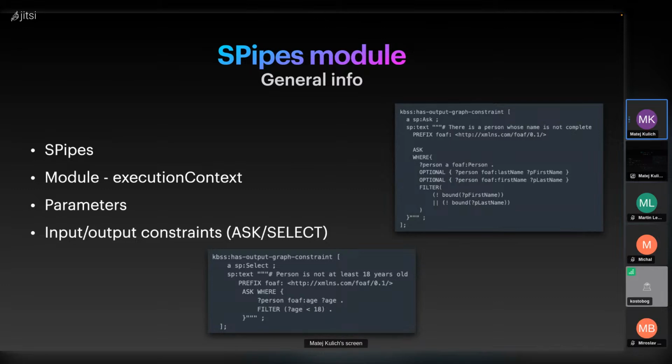In the picture, we can see that it is validating that every person has a first name and last name, in the first picture on the right, and that each person is at least 18 years old, down below.